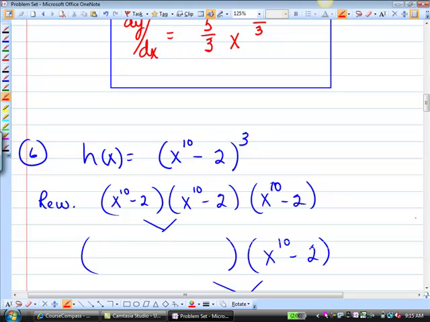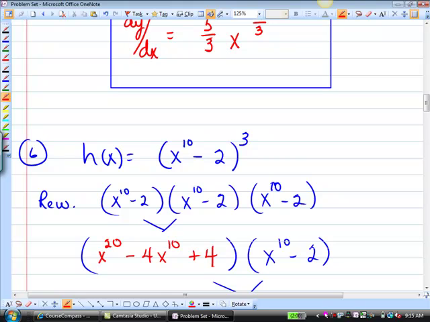And then you need to go ahead and multiply these two guys together. So when you multiply x to the 10th times x to the 10th, what do you get? Algebra. X to the 20th. You add the exponents. So you get x to the 20th minus 4x to the 10th plus 4.